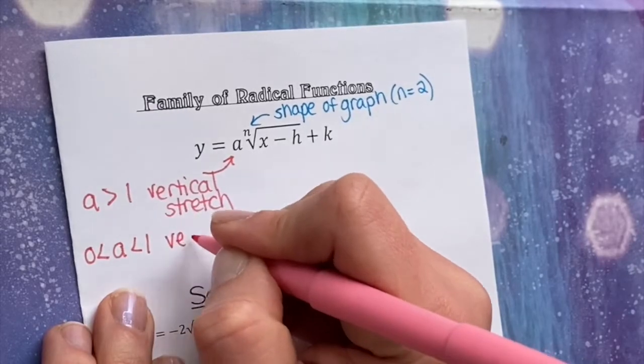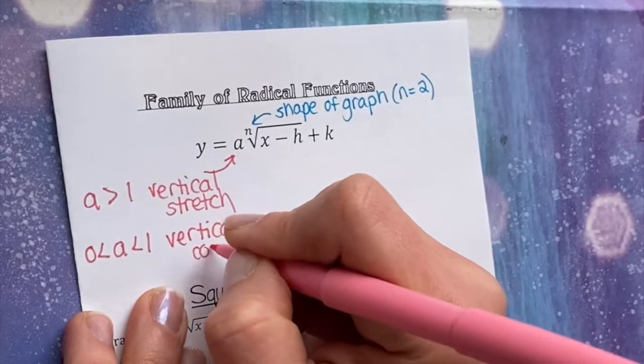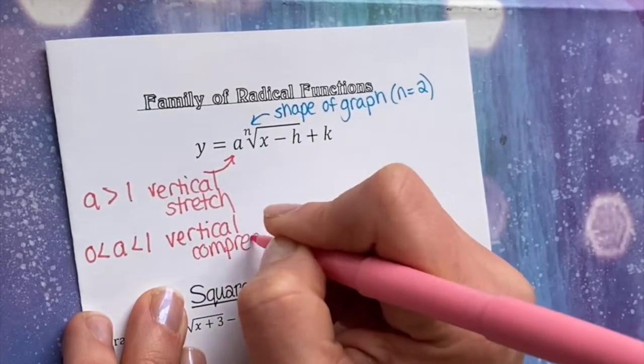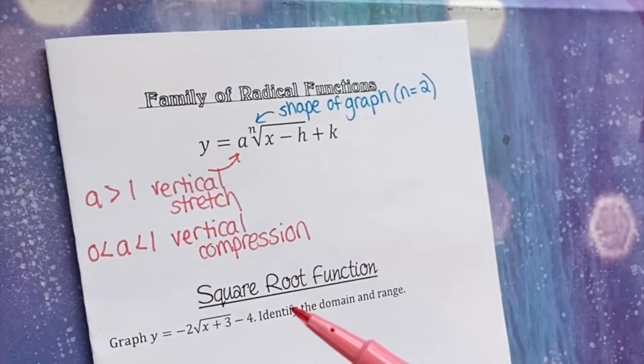that represents a vertical compression. So that means the curve would be flatter.